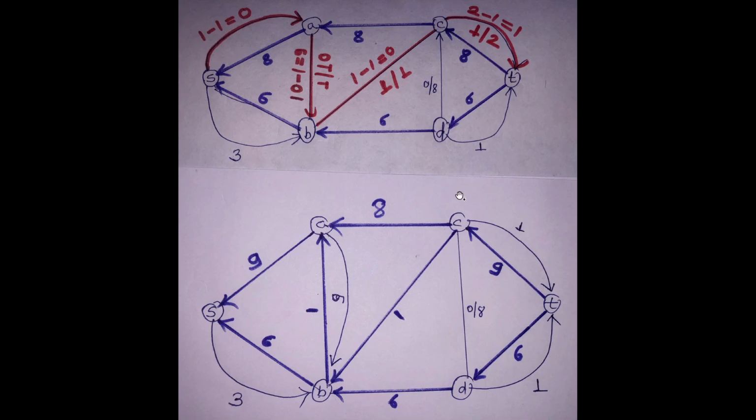Now from this diagram again we have to find whether any forward direction path is possible. So look at here, yes, from S to B is possible, but from B onwards there is no path available in forward direction.